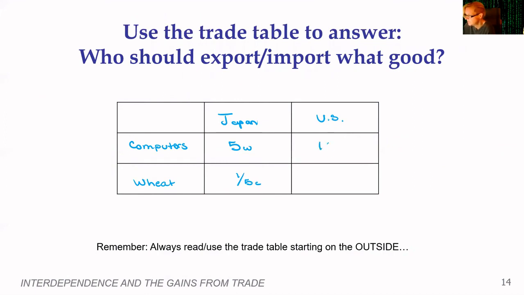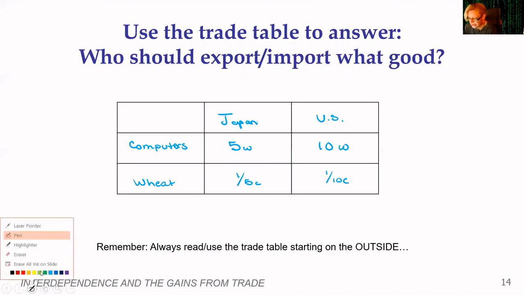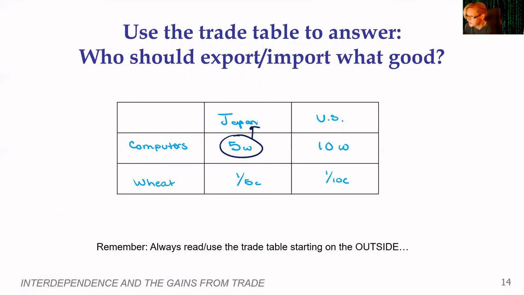The US, we give up 10 wheat and 1/10 of a computer. And again, even though I drew this differently this time, we should be able to look at these and still get the same comparative advantages. Notice it didn't matter which I put where, we still end up with the same comparative advantages.